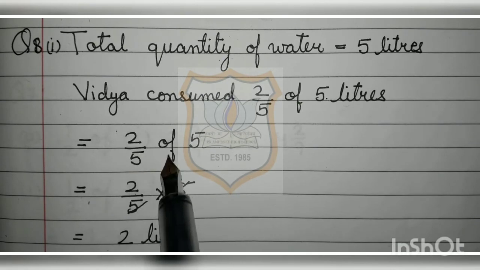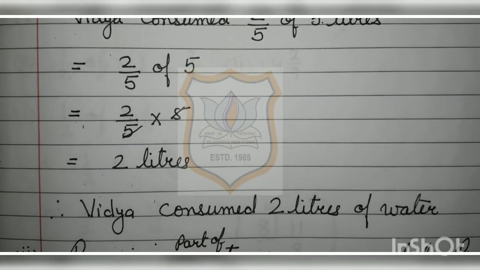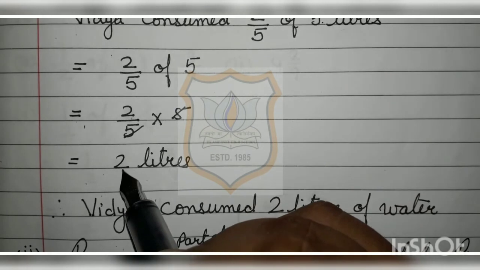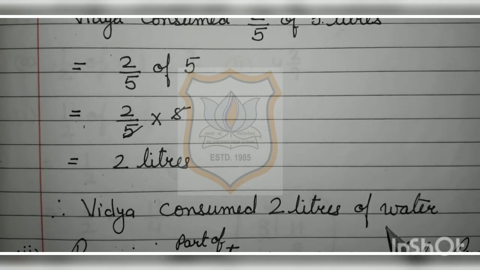So 2 upon 5 of 5 liters means 2 upon 5 multiplied by 5, because in place of "of" we will write multiplication sign. 5 cancel. So answer is 2 liters. So we can say that Vidya consumed 2 liters of water. Now second part of question number 8 is what fraction of total quantity of water did Pratap drink?